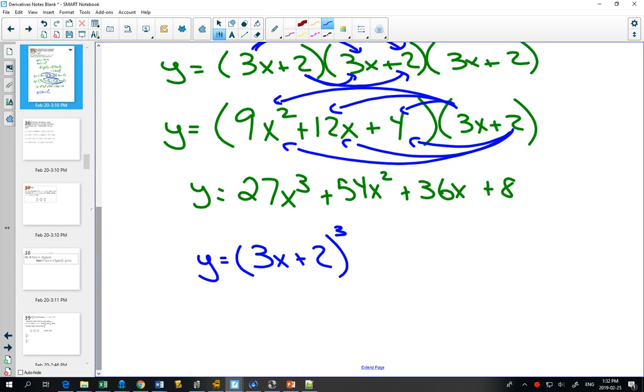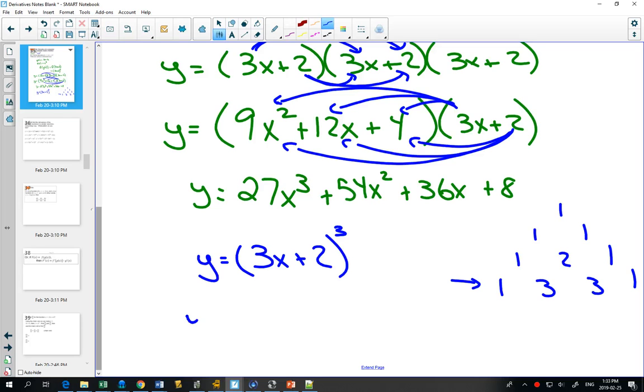We could have expanded this with Pascal's triangle and the binomial theorem. You know that there's going to be 1, 2, 3, 4 terms in the end. So in Pascal's triangle, that would be that row of Pascal's triangle.